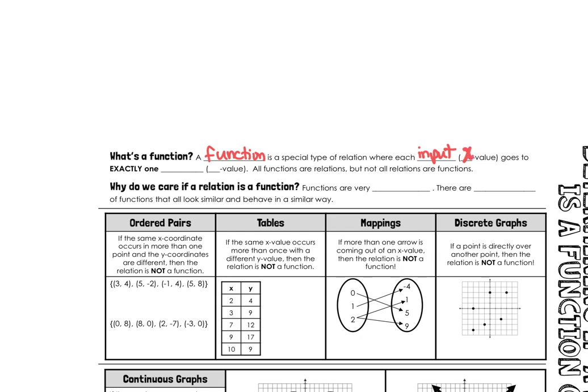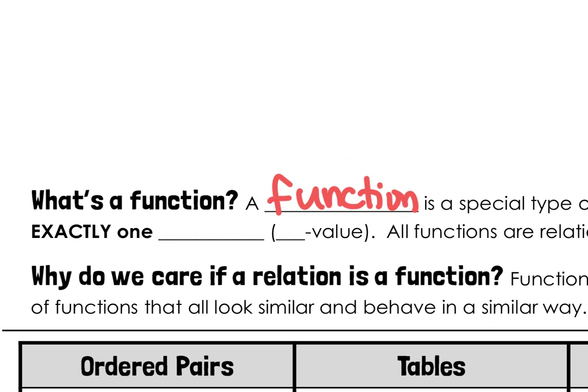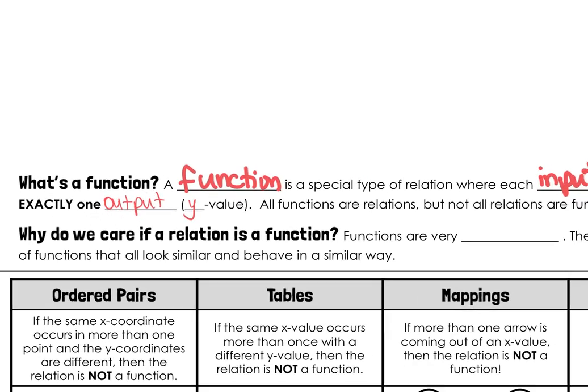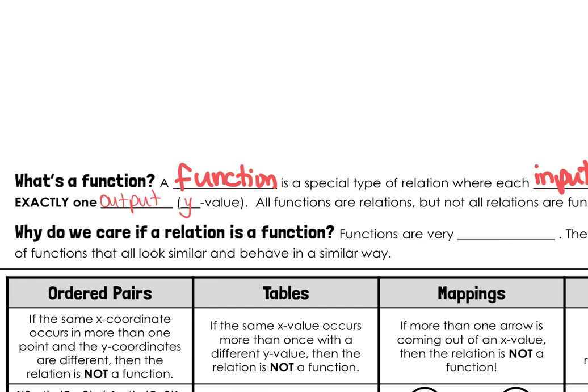So when we say input, we're talking about the x values, goes to exactly one output. And when we say output, we mean y value. So each x can have only one y to be a function.